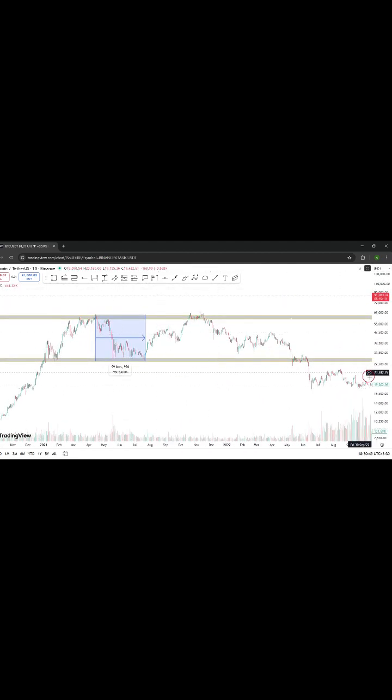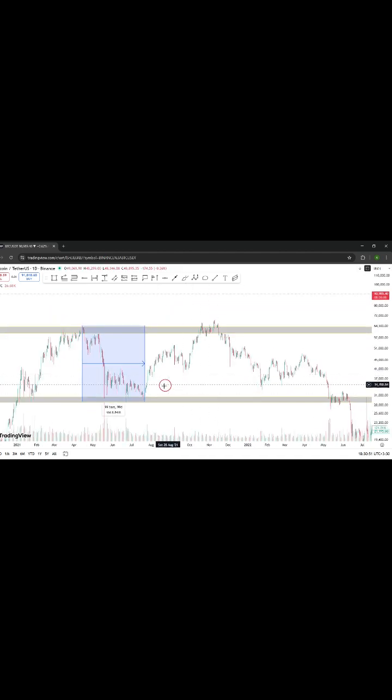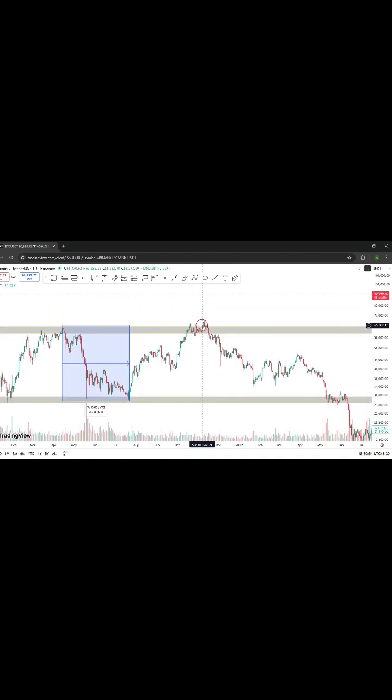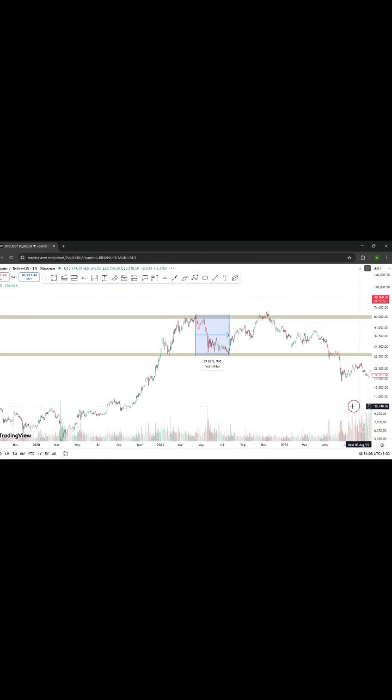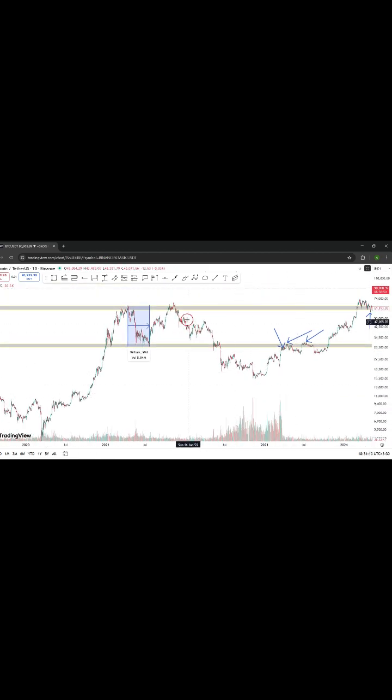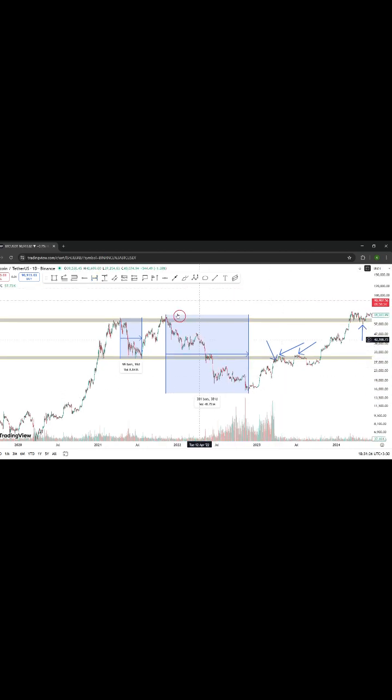And after that, it is so important to understand, price comes up again, it cannot cross this 64K. After that, price comes down, we start a bearish trend. From here to here, it is about 1 year that price is coming down.